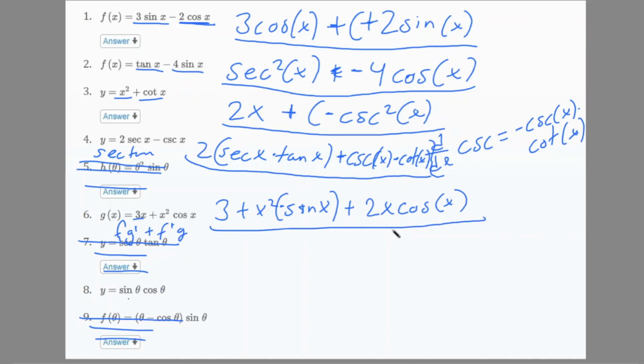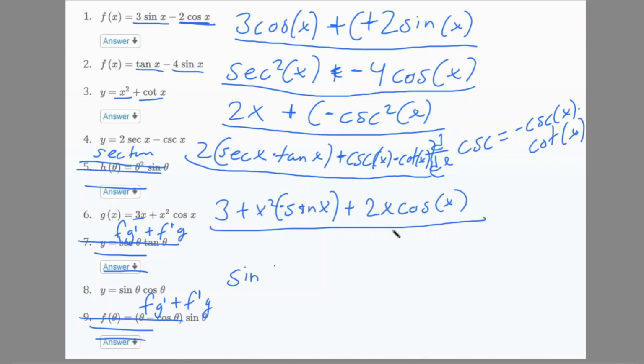Now number 8, we're also going to have to use the product rule here for sine theta and cosine theta. So again, product rule, f g prime plus f prime g. So f is going to be sine, g is going to be cosine.